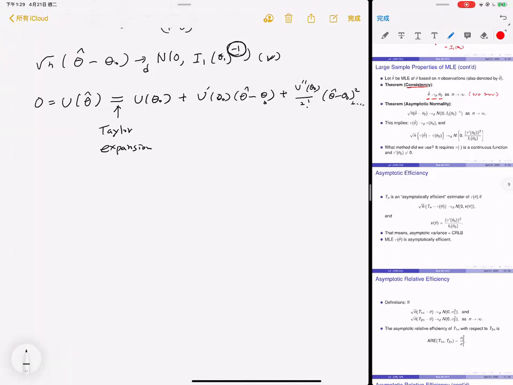I said if you would like to say the whole thing is remaining terms, their approximation remains small in some way.